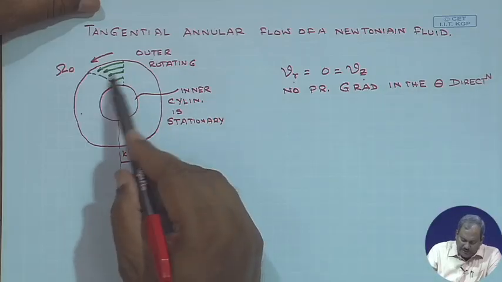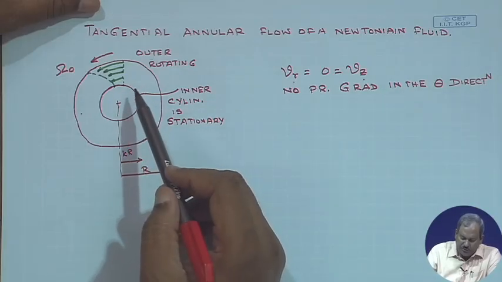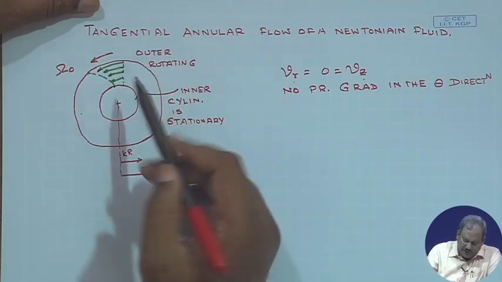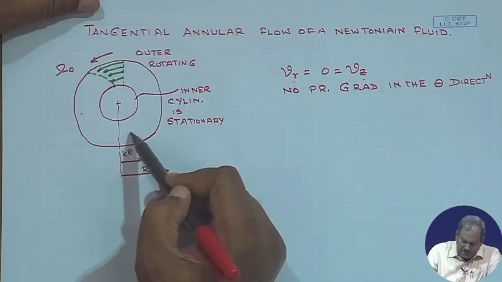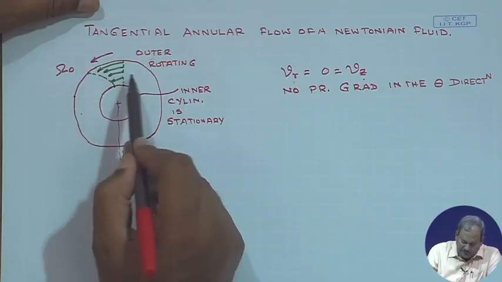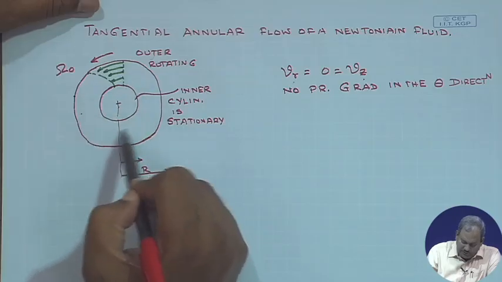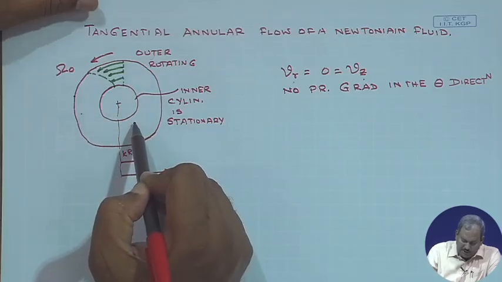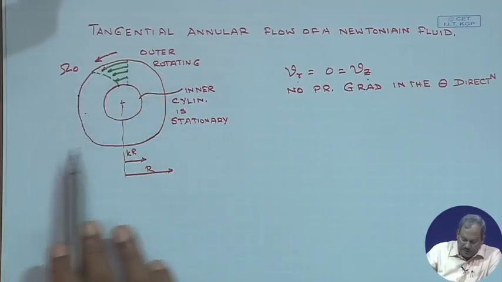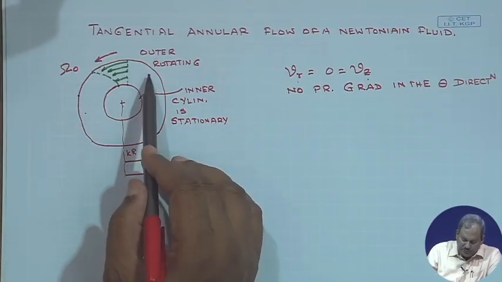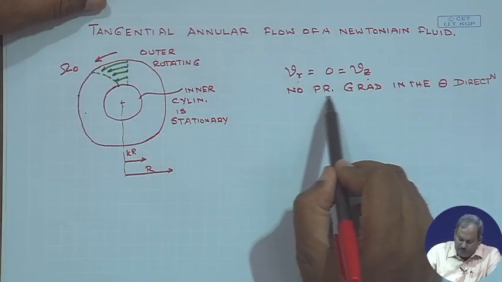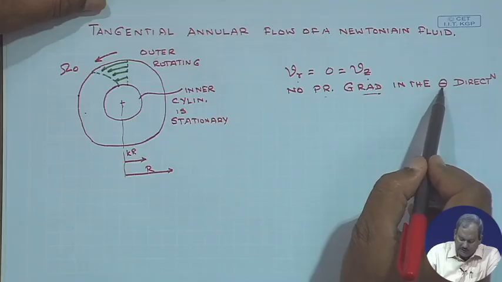In the theta direction you can assume it is almost like a Couette flow, because in this direction the liquid is dragged in the theta direction because of the motion of the outer cylinder. There exists no pressure gradient to drive the flow, and since this plane is parallel to the ground, there is no effect of gravity in the theta direction. So, there is no pressure gradient and no body force in the theta direction.